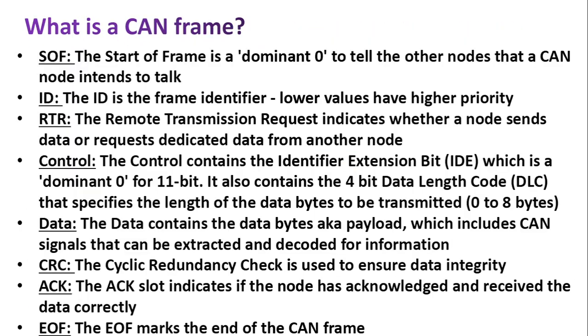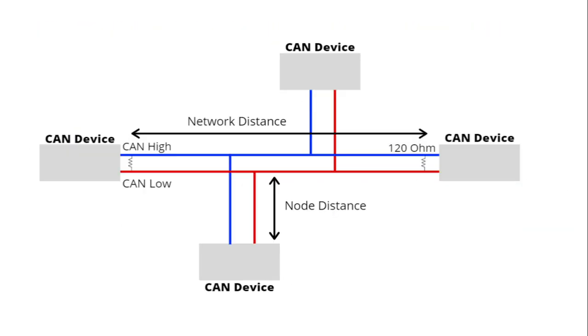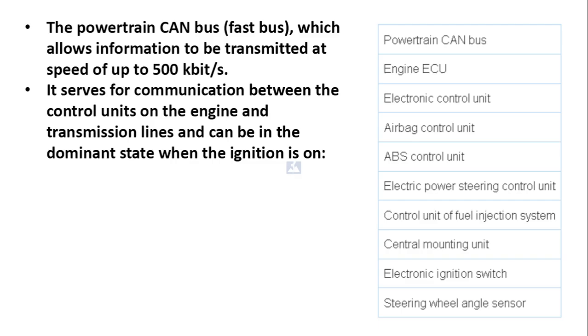Over here, we were at the powertrain CAN bus. Here you can see these are some features of the car which require instant input with a high speed rate, because they are critical parts of the car.